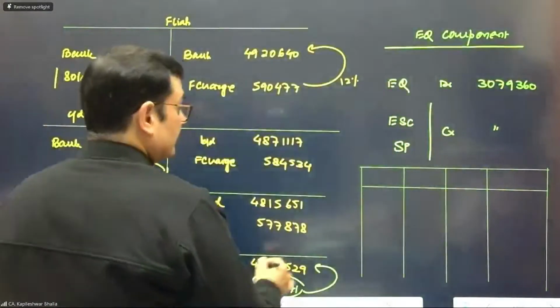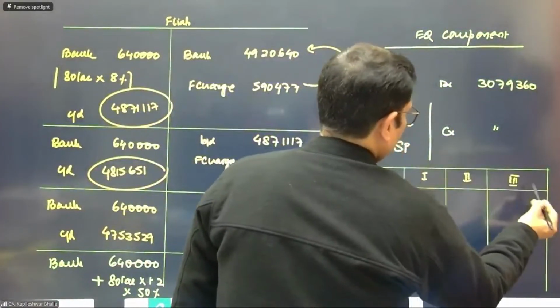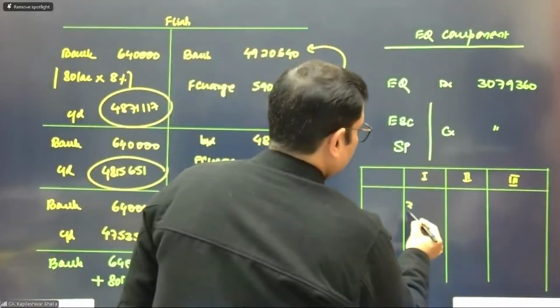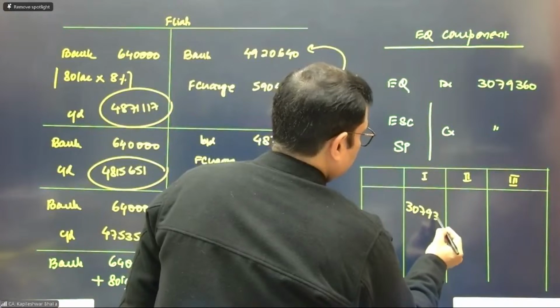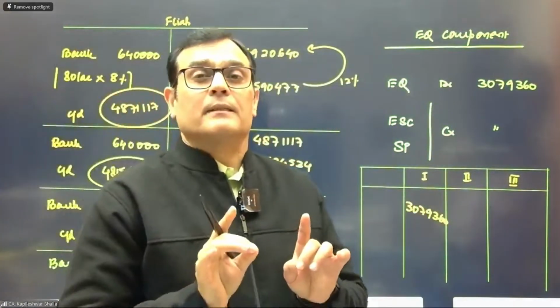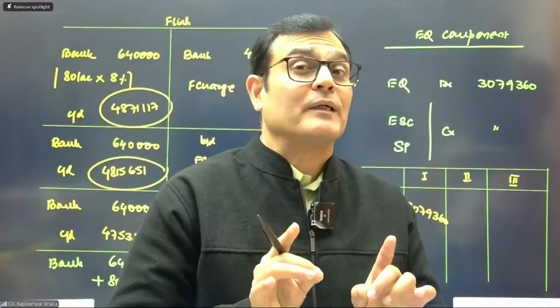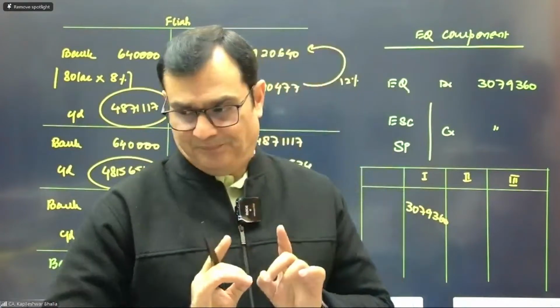So can I say this is my tab number 1, tab number 2, and tab number 3. We've put this money 3079,360 in tab 1. Can I say a portion of this goes to tab 2? Is that right to say? Not the entire money.